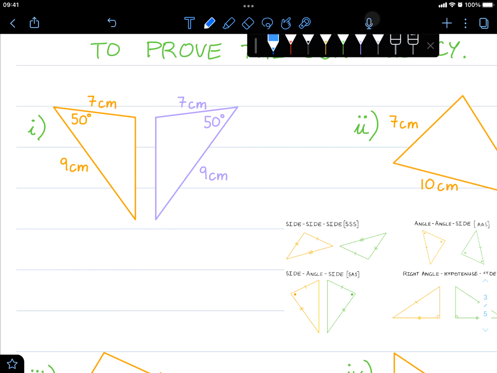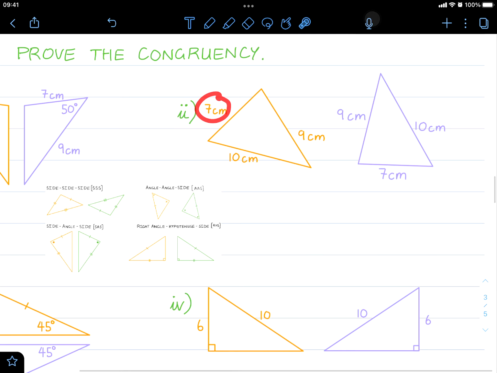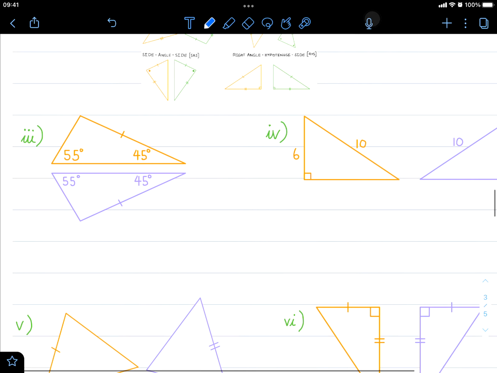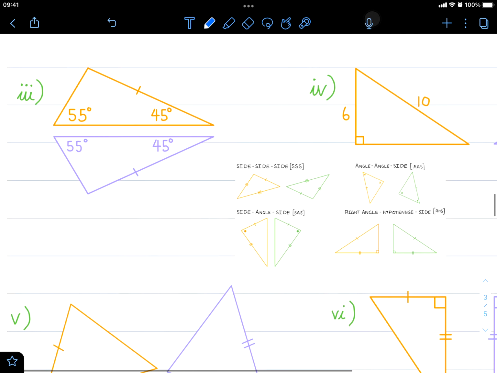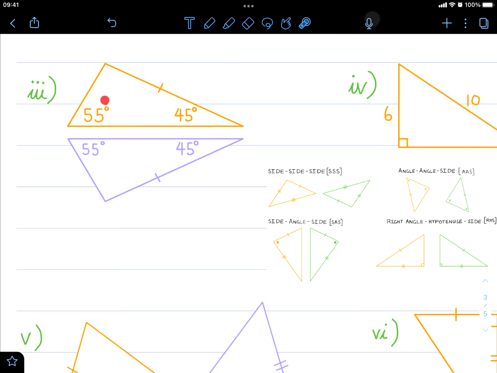Let's take a look at this one now. We have 7 is matching with 7, 9 is matching with 9, and 10 is matching with 10. So these two triangles are congruent simply because of SSS. Very straightforward. Let's take a look at this one now. We have one pair of matching angles.